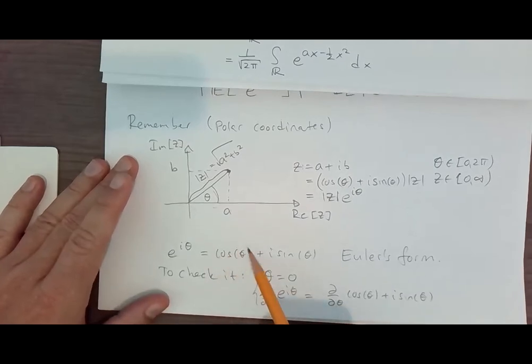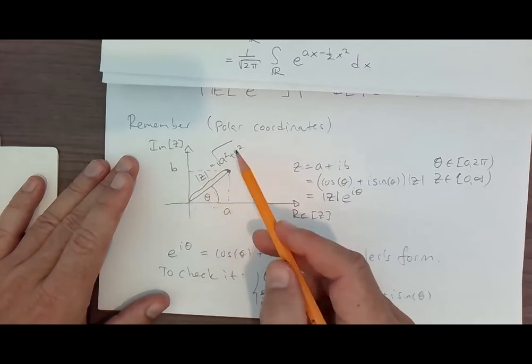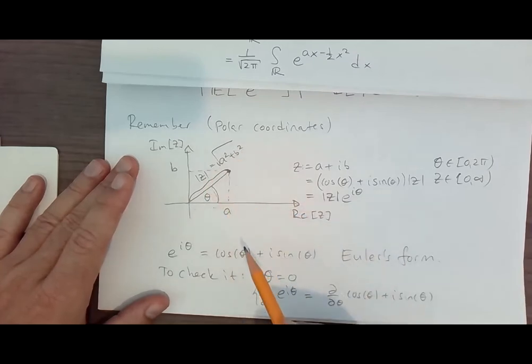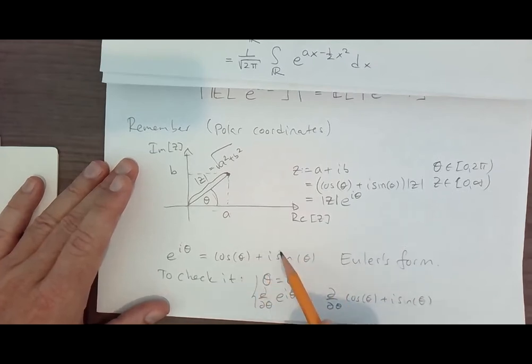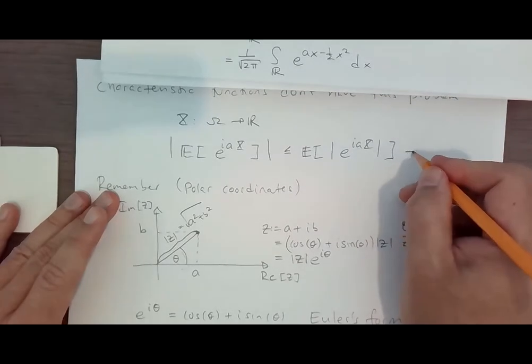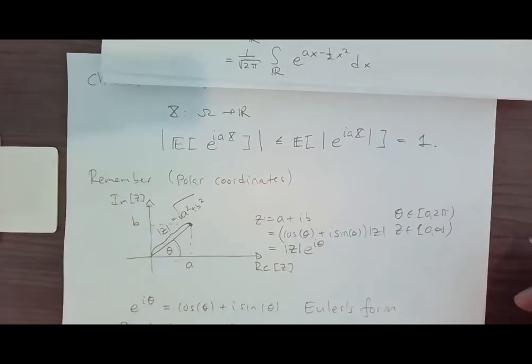Well, it'll be cosine squared plus sine squared added up, take the square root, right? That's the formula for the length, the modulus. But cosine squared plus sine squared is always equal to 1. And the square root of 1 is 1. So what you're going to get here is that this is always bounded by 1.